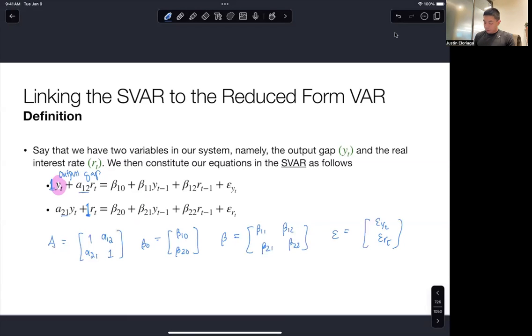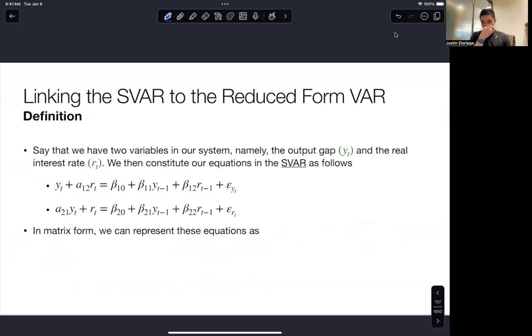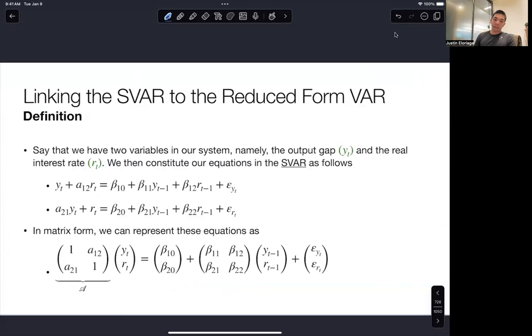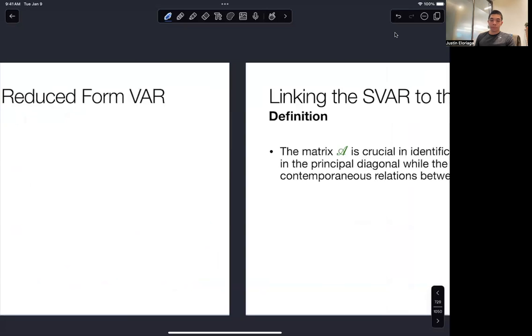So if we converge it together, it's going to be A y_t, where our y_t is output gap and the interest rate, equal to beta naught plus beta y_(t-1) plus epsilon. So that's what we get, right? That's how it looks. And in matrix form, it looks like this. That's what we refer to as A. There we go.